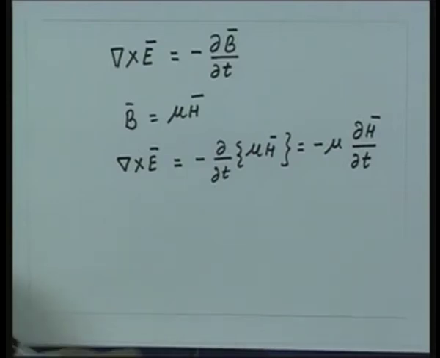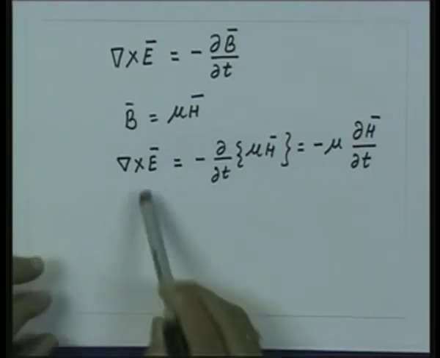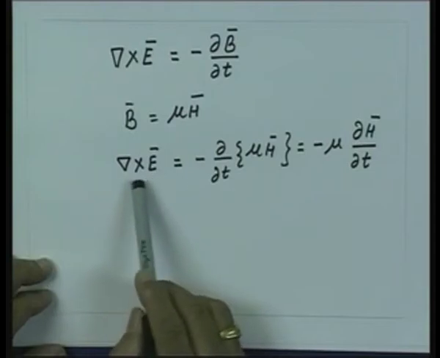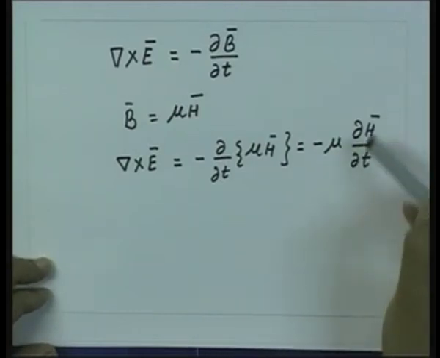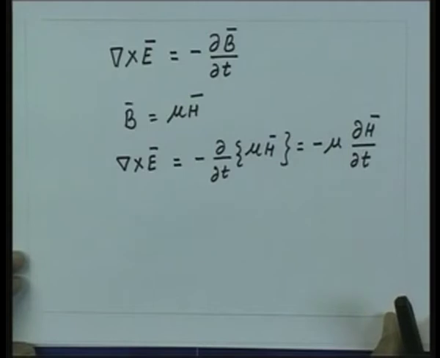So, for a non time varying medium, I have the curl of electric field equal to minus mu times the rate of change of the magnetic field strength at that location.